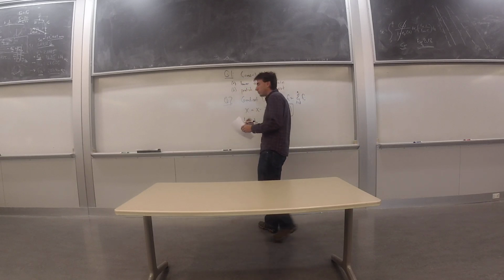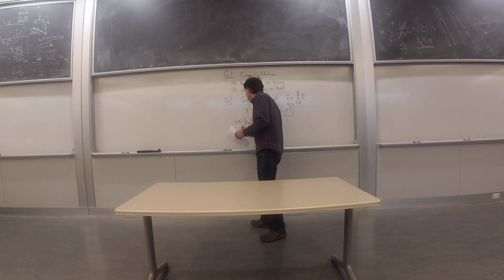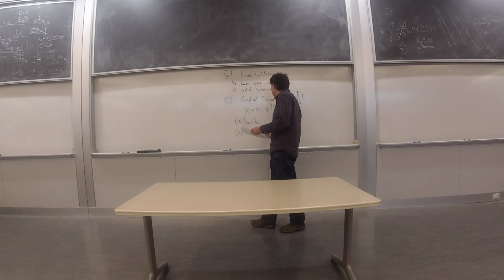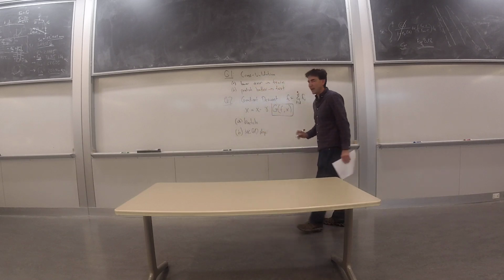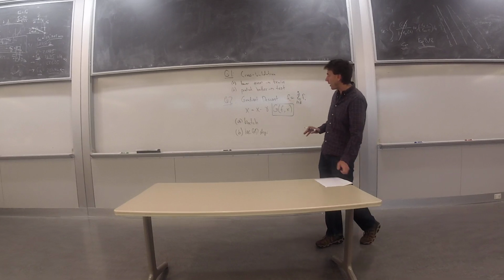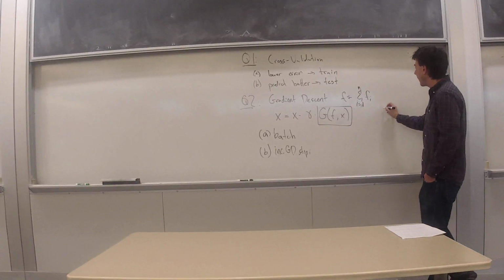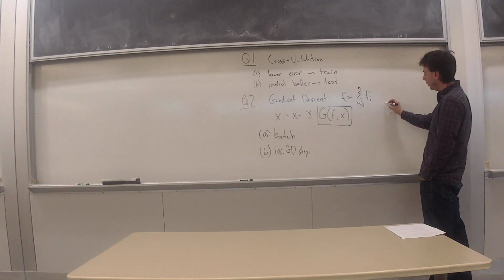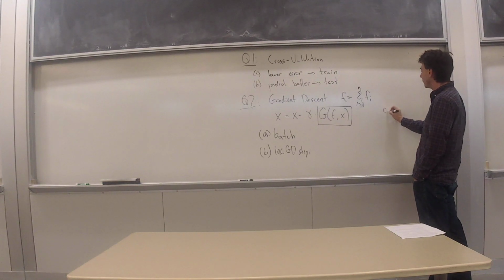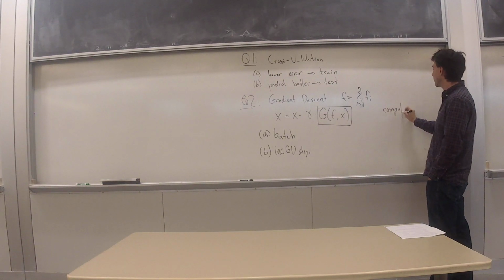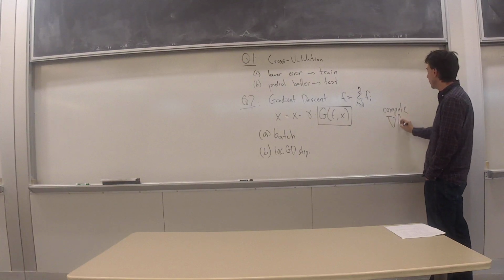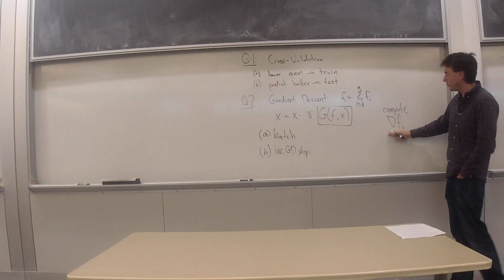In the case of batch gradient descent, and I think I said incremental gradient descent at step i. Okay, and so these are the two common forms, and I said the only thing we have access to, or we can compute, is this.